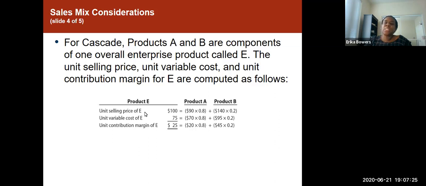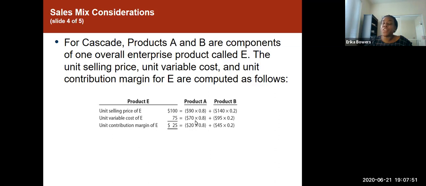So the unit selling price for E will be $100. How do we get that? Well, product A sells for $90, and that's 80% of the sales mix. Plus product B sells for $140, and that's 20% of the sales mix. So this is where our sales mix comes in, and that gives me 100.